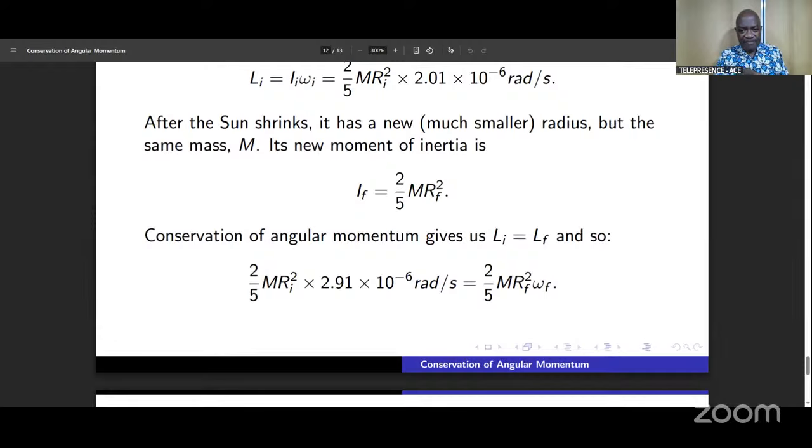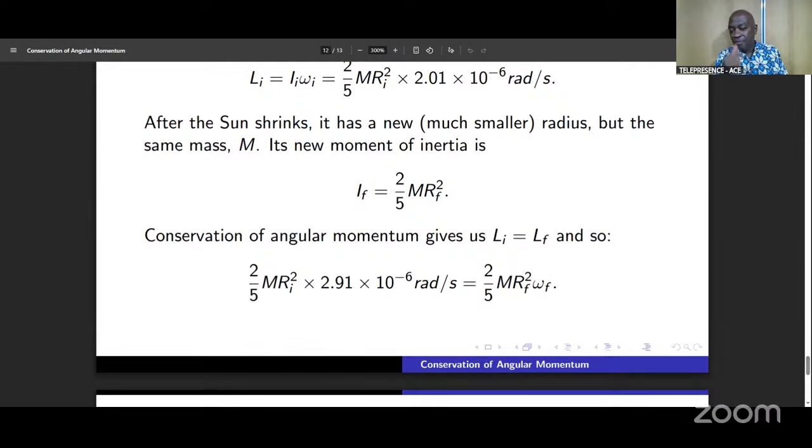So equating the Li there, remember what we are actually looking for is the period of the rotation of the new sun, which we will be able to determine once we know the angular velocity, omega f.